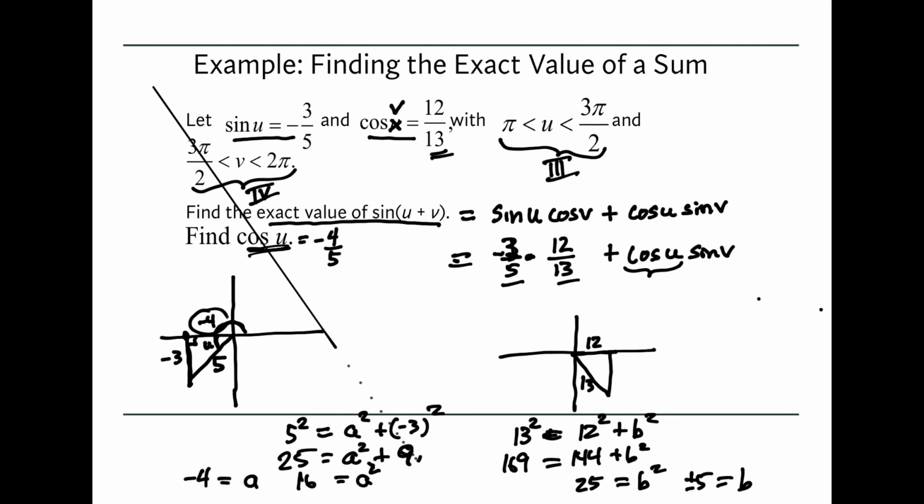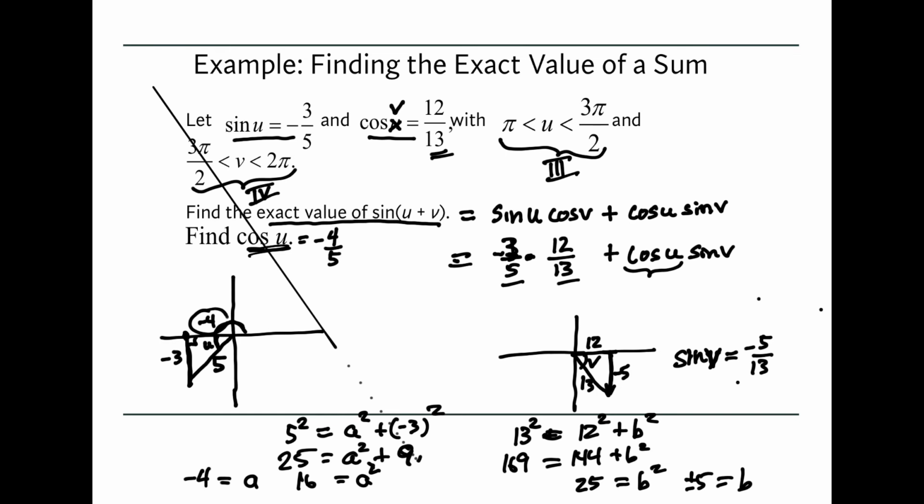And in this case, we know it's negative 5 because we're going down, right? And so the sine of v then, this is v. The sine of v is negative 5 over 13. So we have our sine, we have our cosine.